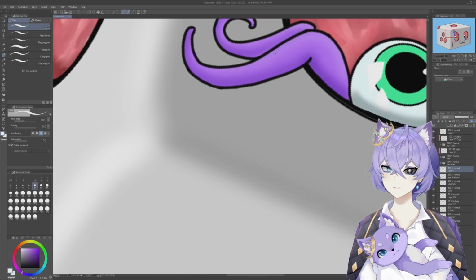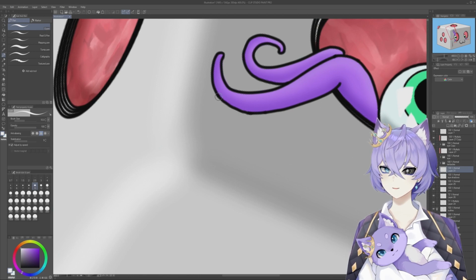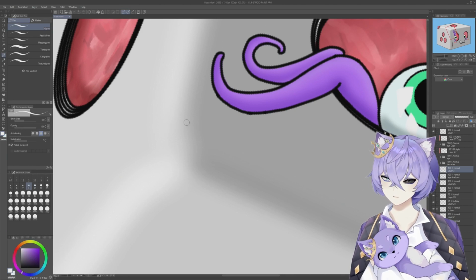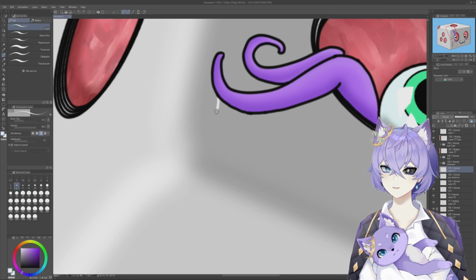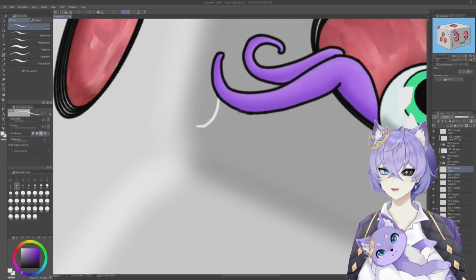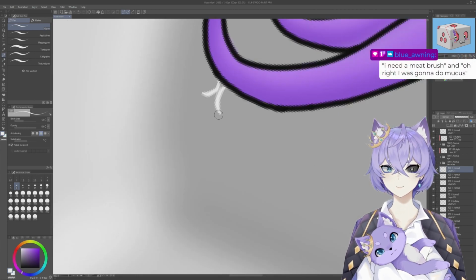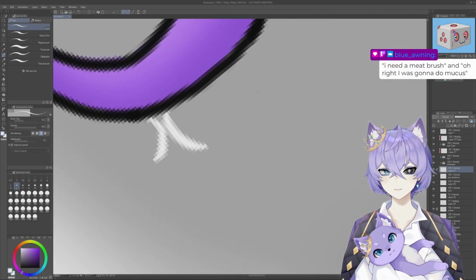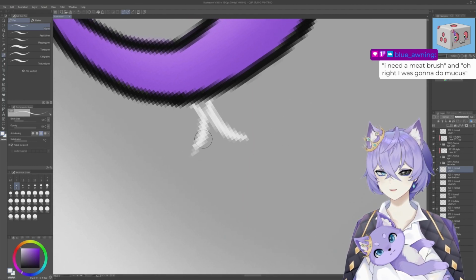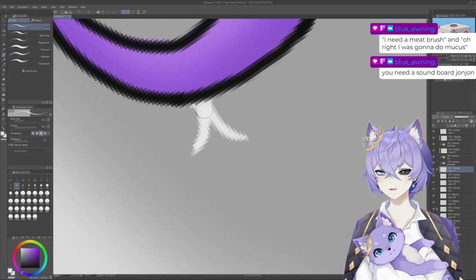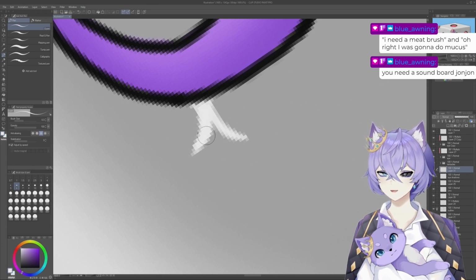So I'm kind of imagining that there'd be like little strands. Let's go even smaller. There'd be little strands of like mucus attaching to the surface of the dice. I need a meat brush and oh right, I was gonna do mucus. Yeah, well look. Look.